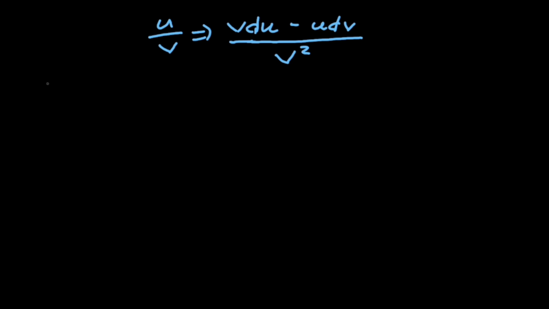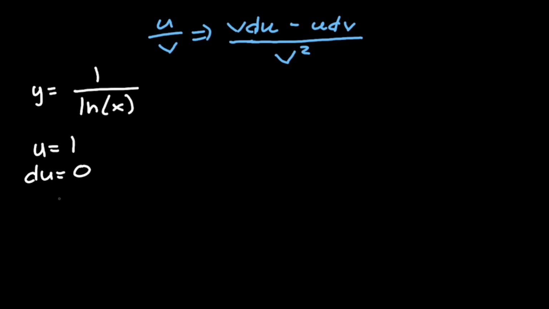Let's see one more example of a logarithmic function. Y is equal to 1 over ln of x. Now, u here will be 1, and the derivative of any constant is 0.